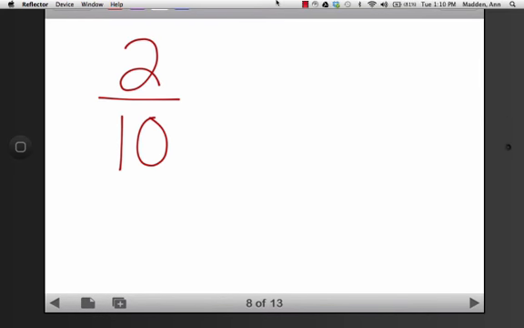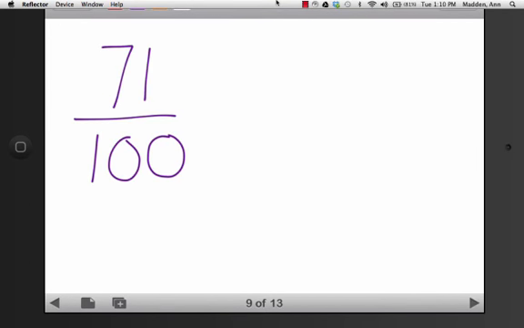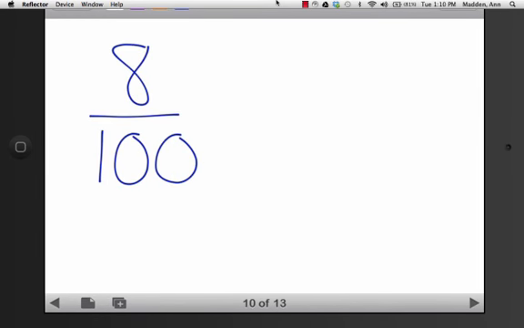How would I convert a fraction into a decimal? 2/10. 0.2. 71/100. 0.71. 8/100. 0.8.